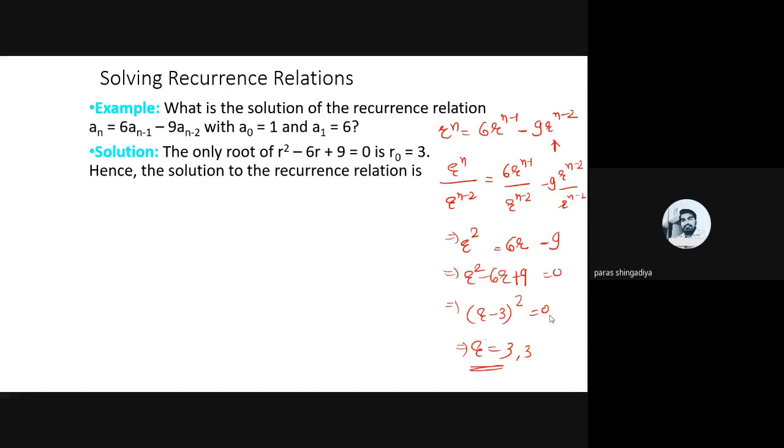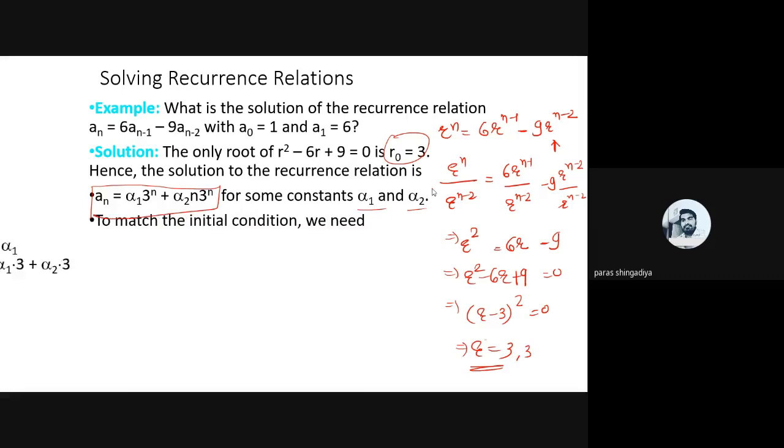So r0 = 3 is the solution, and hence the recurrence solution will be an = alpha1 3^n + alpha2 n 3^n. That is the formula, with constants alpha1 and alpha2.